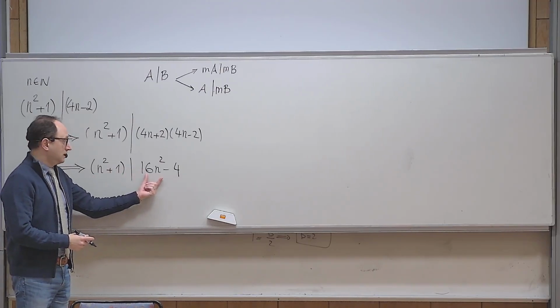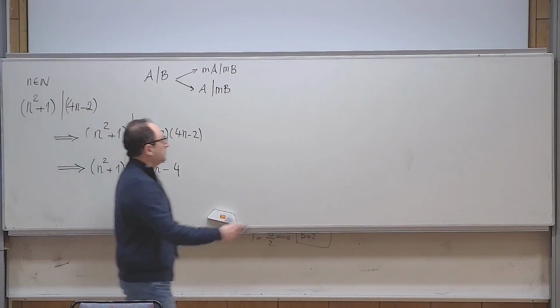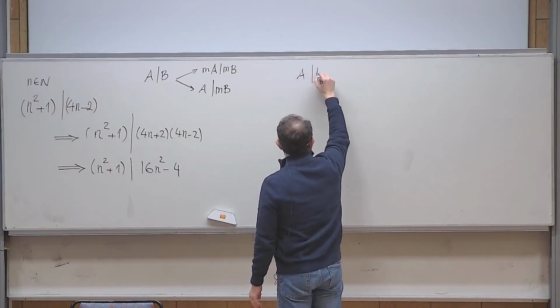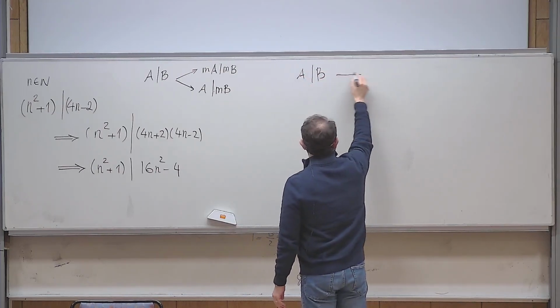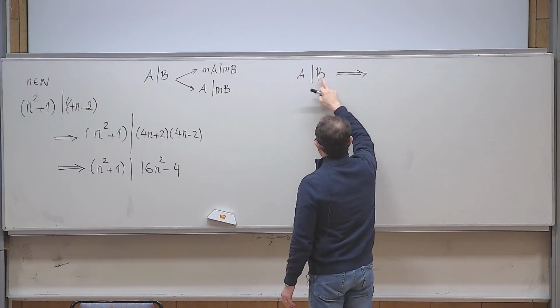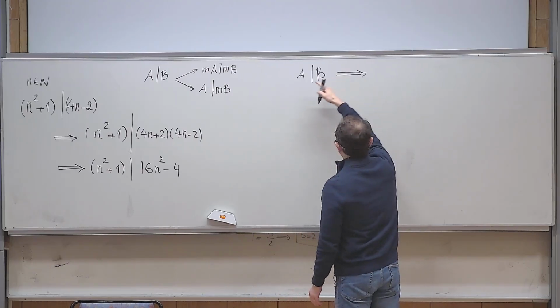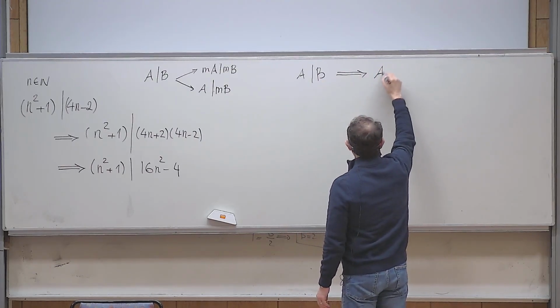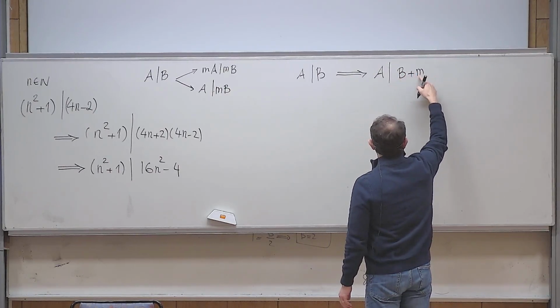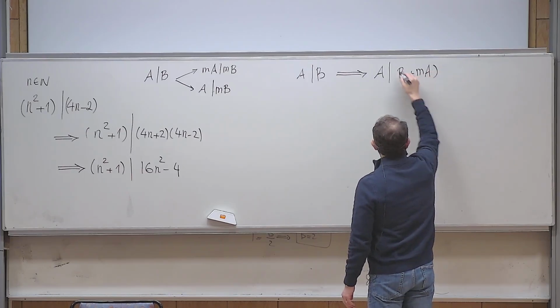How? There is a theorem that we learned in lecture 3 that if I know an integer divides another integer, I can add any integer multiple of the left-hand side to the right-hand side. So this means from here I can conclude that a divides b plus, for example, m, an integer, times a.